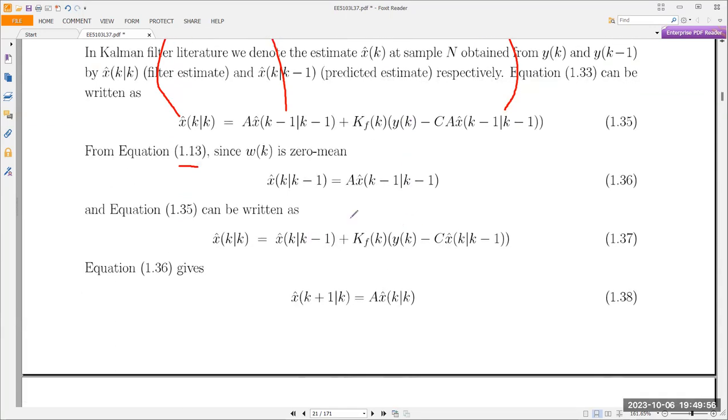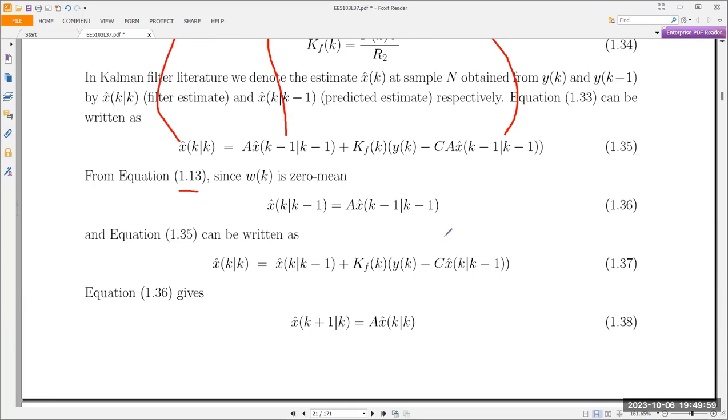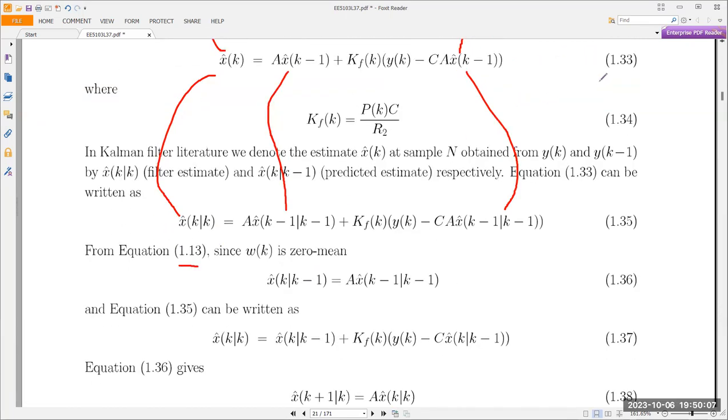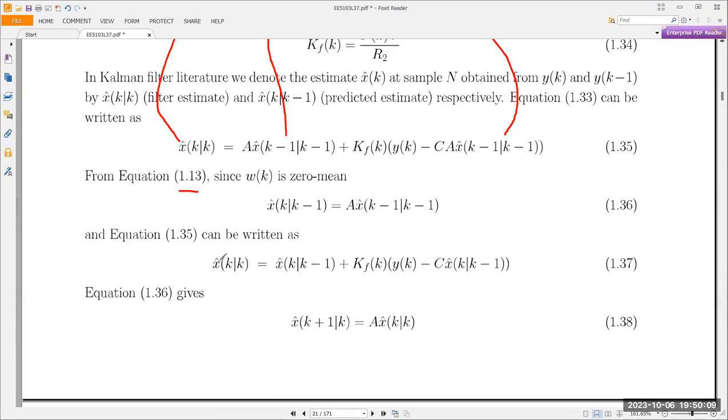Then you rewrite equation 33. So rewrite 33, you get this, because this is the same as this, so this can be replaced by this and it comes here.